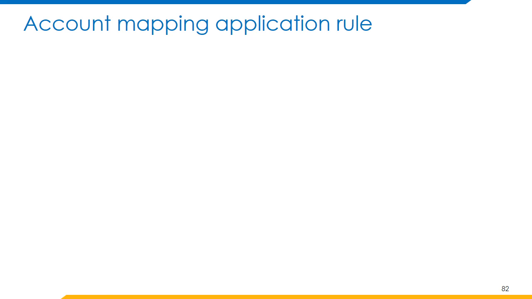Account mapping application rule. This rule is used to assign a value to the current attribute in question, except that the only source of information could be a link, which is an application account.